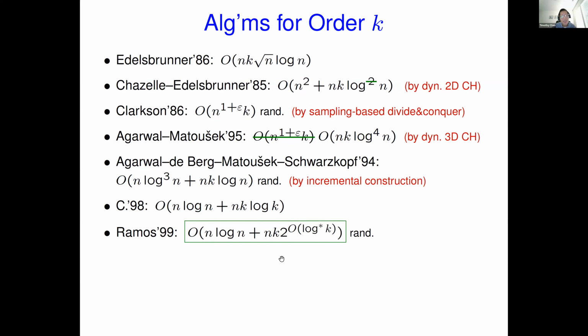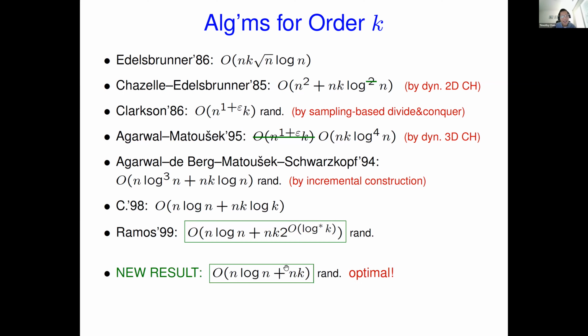Theoretically, can you completely get rid of all the extra factors? Get rid of that log star to get truly optimal runtime. And more than 20 years later, we finally answered that question positively with a new randomized algorithm with runtime n log n plus nk. And that's the main result that I want to talk about today.